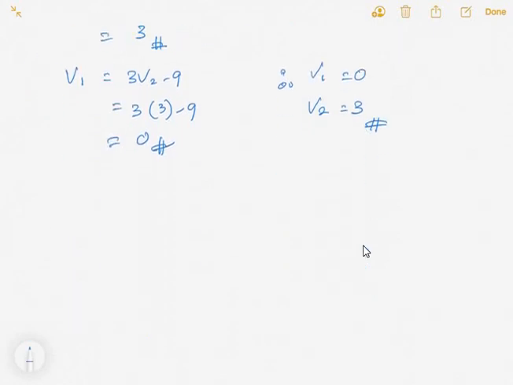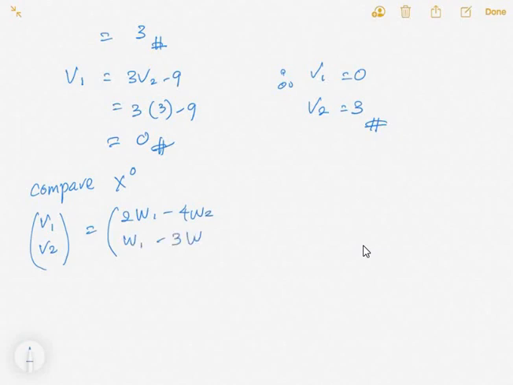Again, next is to compare the x power of 0. So you have v1, v2, 2w1 minus 4w2. From here you know that v1 is 0, v2 is 3, so you substitute the value, and this is what you get.